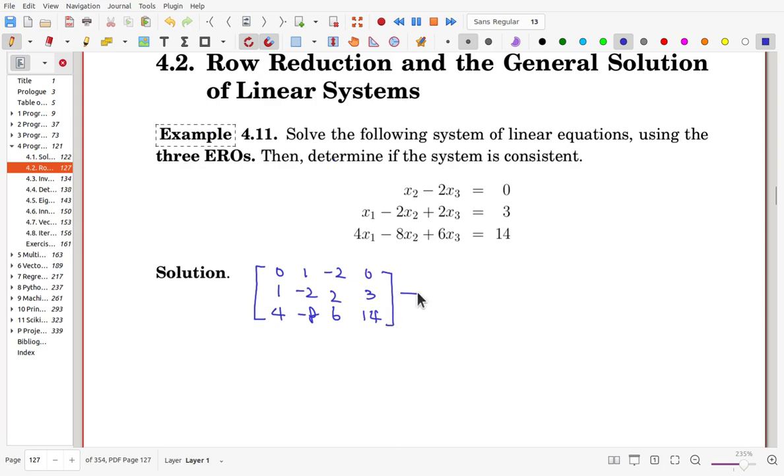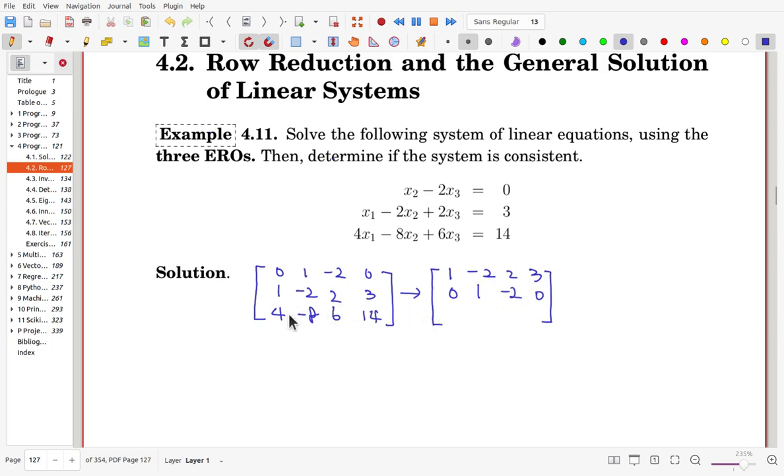This is the augmented matrix. This value is 0, so we may interchange the first and second rows: 1, minus 2, 2, and 3. And here 0, 1, minus 2 and 0.